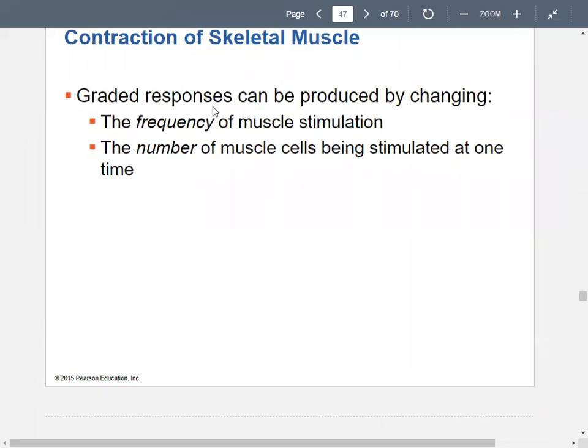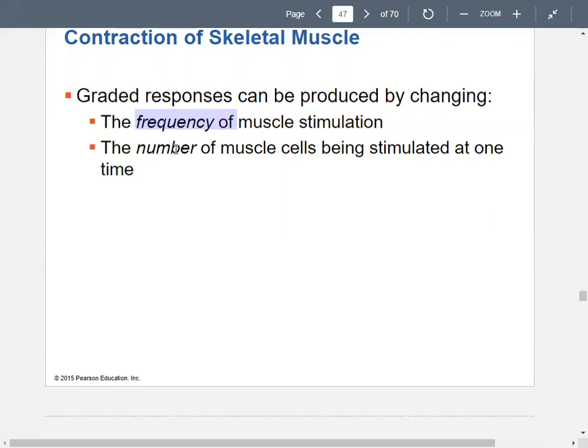All right, so you have graded responses, and these are influenced by the frequency of the muscle stimulation. If you have very rapid stimulation, you have a larger response, right?